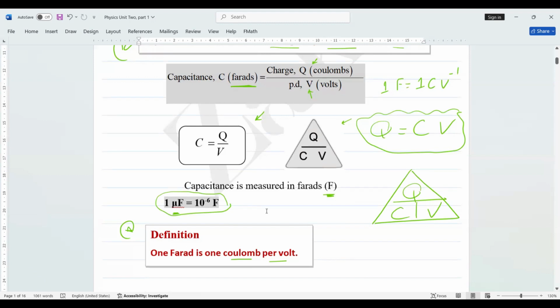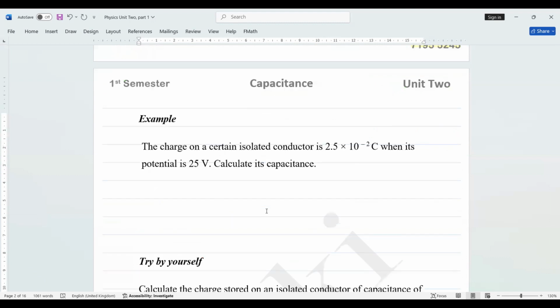Now, we read the example. The charge on a certain isolated conductor is, so this is Q, charge. So the given is Q, 2.5 multiply 10 power negative 2 coulomb, when its potential is 25 volt, so the potential V is 25 volt.